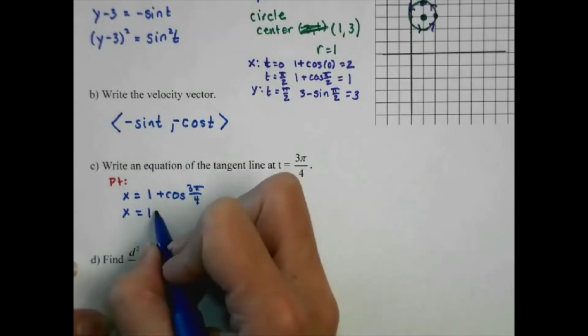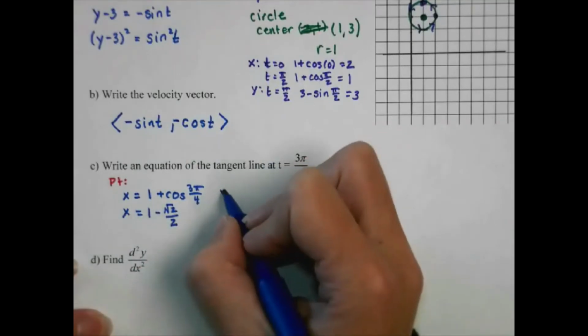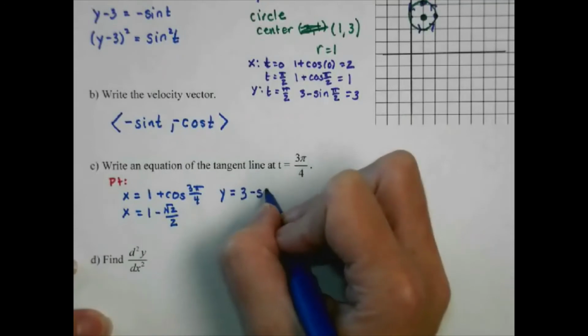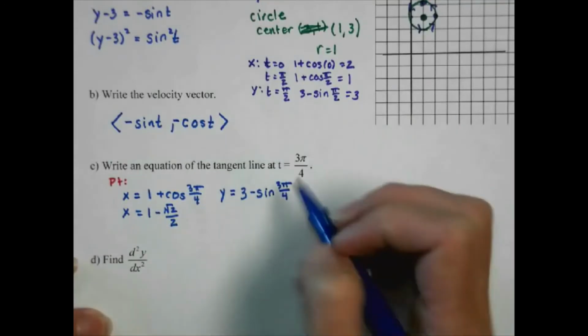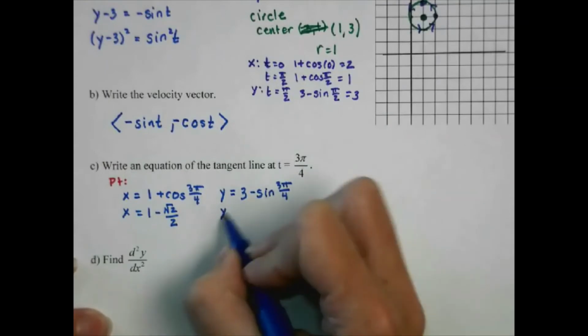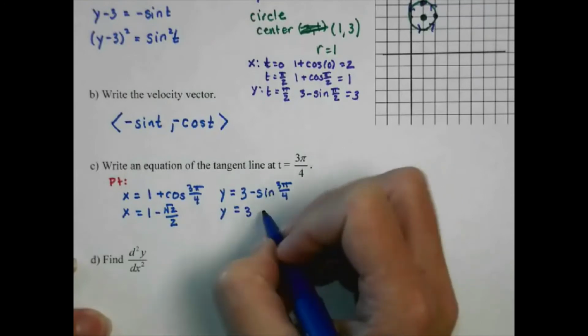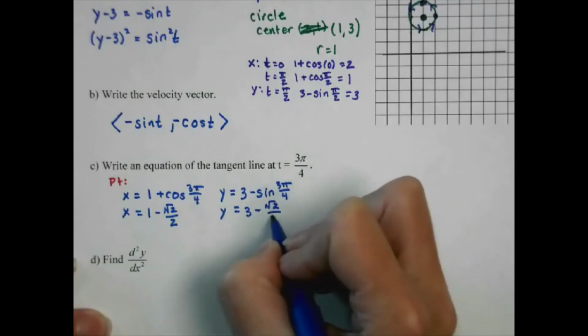So at 3 pi over 4, our cosine value is negative root 2 over 2. The y is going to be 3 minus sine 3 pi over 4, which is also going to be negative root 2 over 2. So this is going to be 3, oh no, y, second quadrant, is going to be positive root 2 over 2.